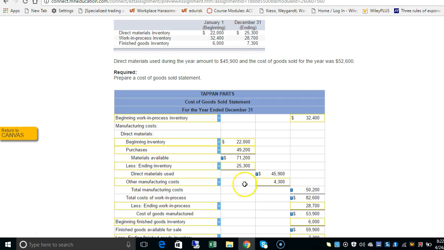So 45,900, if you are working your way down the schedule, it's beginning inventory plus purchases equals materials available for sale, minus ending direct material inventory gives you direct materials used for production.